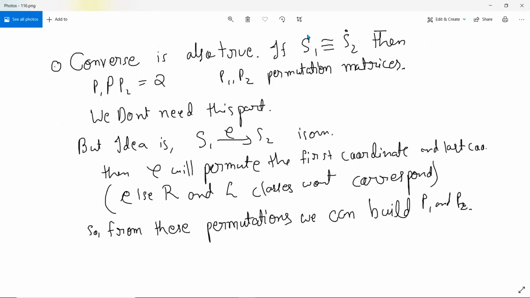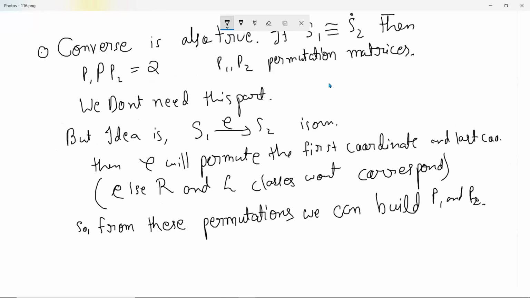if S1 is isomorphic to S2, and let's say phi is an isomorphism, then phi will permute the first coordinate and the last coordinate. What does it mean? Let's look at an example.